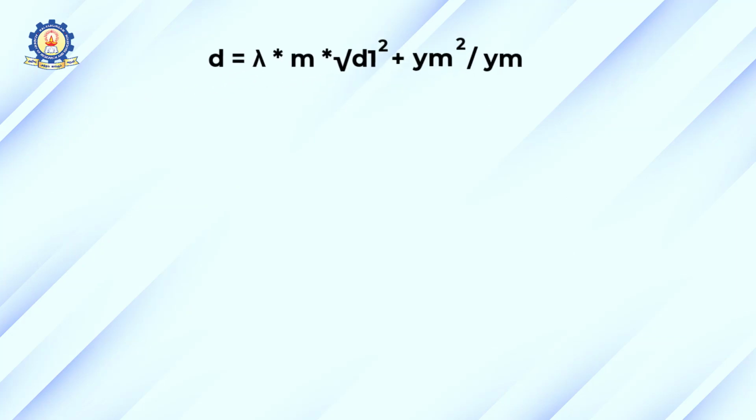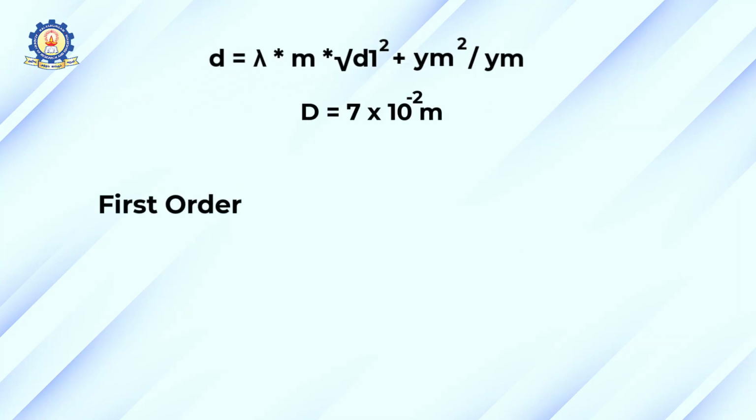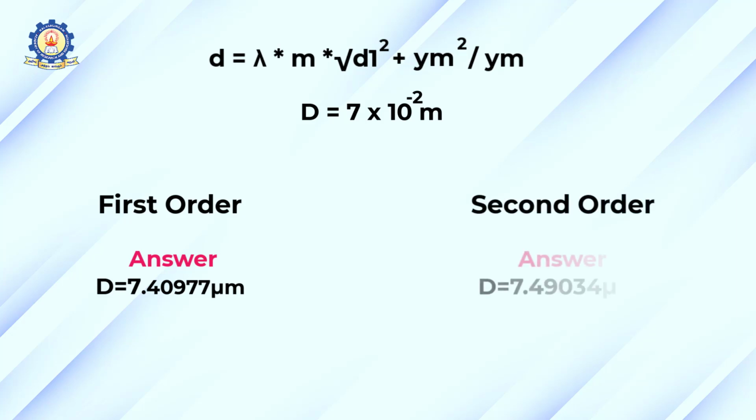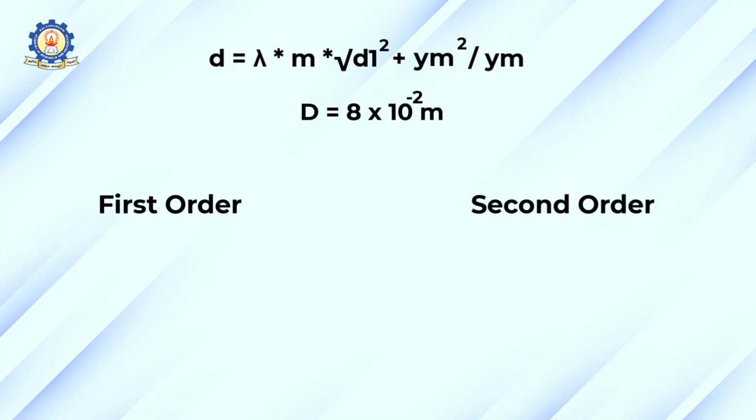For the 7 centimeter reading, for the first order we get 7.40977 micrometer, and for second order 7.49034. Similarly, for 8 centimeter, first order gives 7.25966 micrometer.